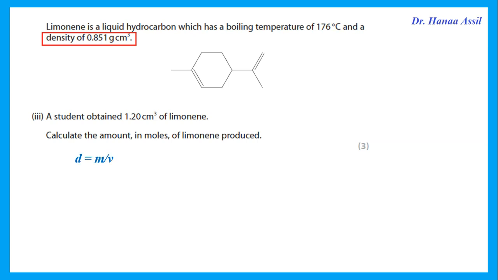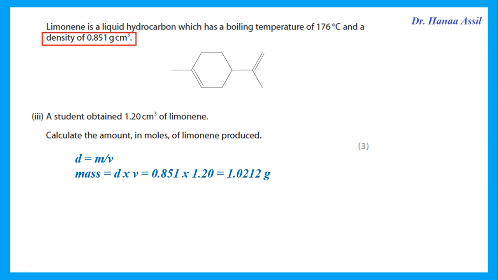So, first of all, we have density. You know that density is mass over volume. So if I want the mass of the liquid, it is density times volume. Remember, we said the density is already in gram per centimeter cubed. So my volume has to be in centimeter cubed. This gives me the mass in grams.